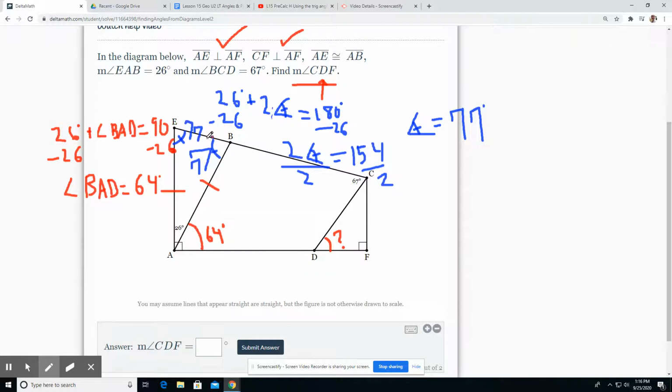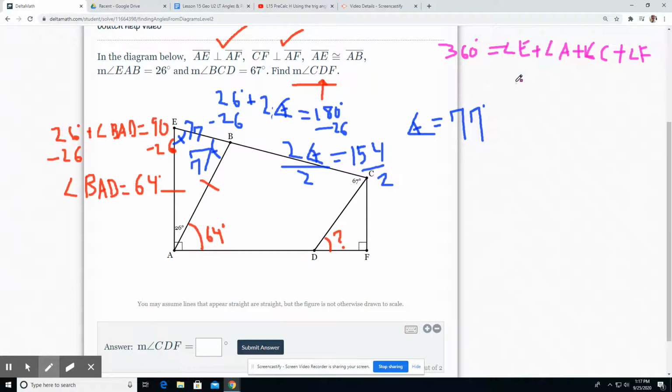So I think I've got enough to get there. I'll just call each one by their corners. Angle E plus angle A plus angle C plus angle F has to equal 360 degrees.